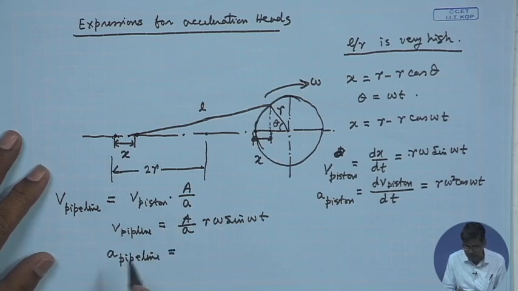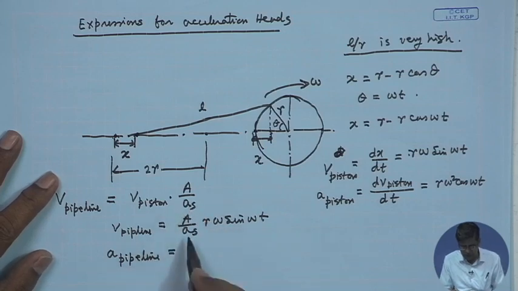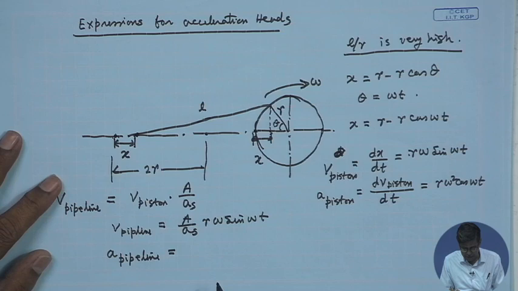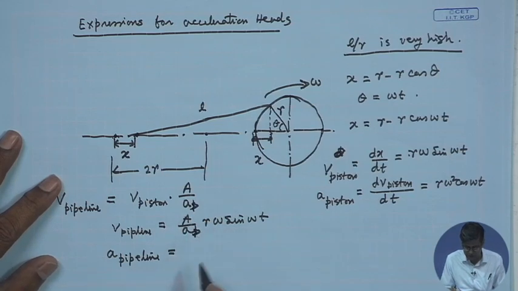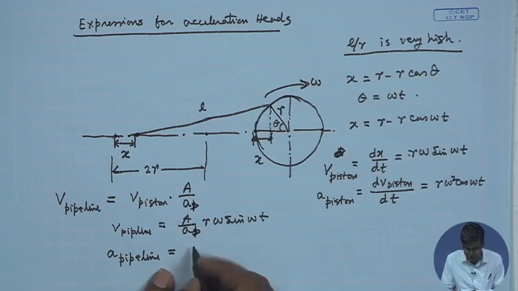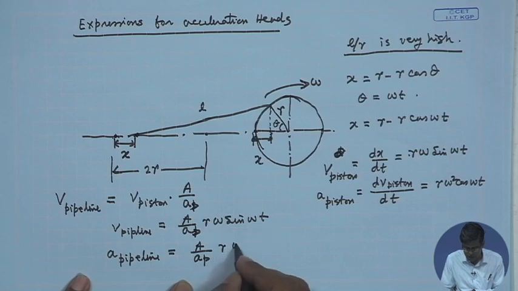Here A is the cross sectional area of the piston, and AP is the cross sectional area of the pipeline. So, the acceleration will be d/dt of this, that means A by AP r omega square cos omega t.